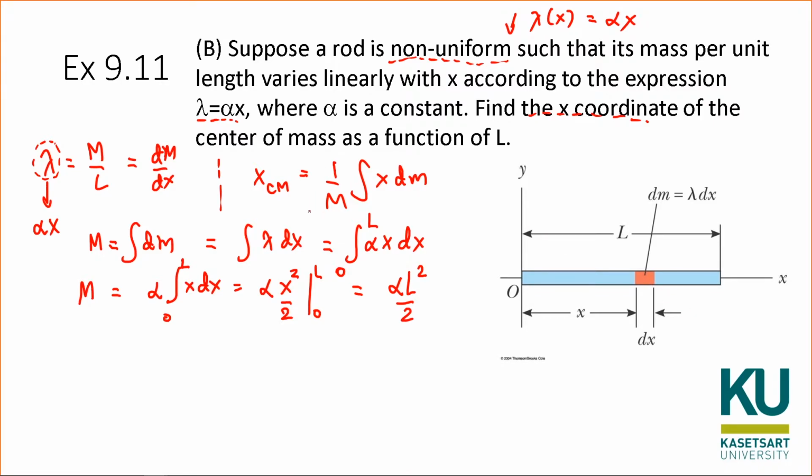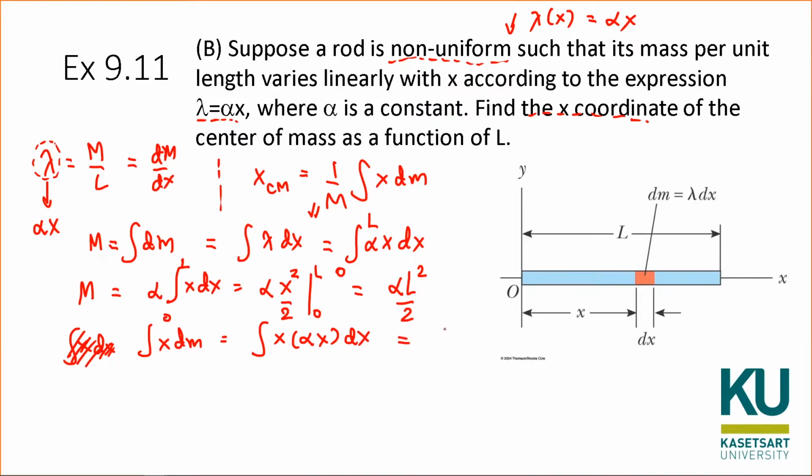Now we have the total mass, so we would like to identify the integral of x dm here. So your integral of x dm, no, not x dx, sorry. Your integral of x dm is equal to the integral of x, and your dm is your lambda dx, right? Which is alpha x dx.